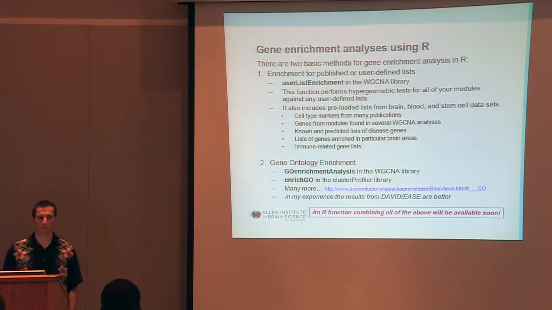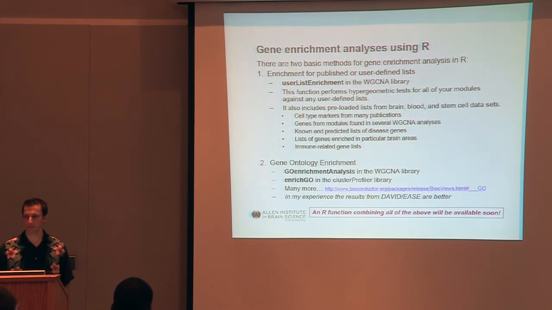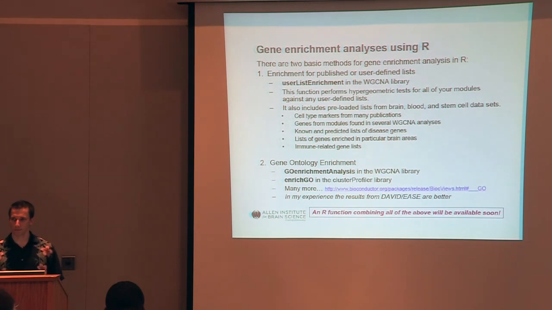But also it contains hundreds of lists that are relevant for Huntington's disease, because the CHDI Foundation and Mike Palazzolo assembled gene lists for the last 15 years, and they are all loaded in here. And also it contains a lot of gene lists related to stem cell functions that could also be very exciting.